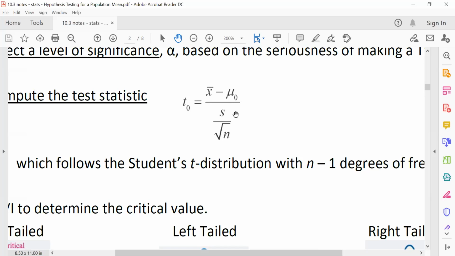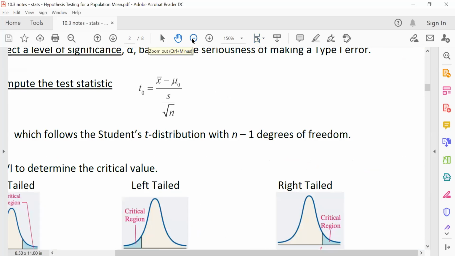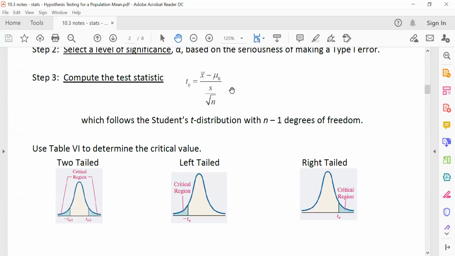On bottom, we have S, the sample standard deviation, divided by the square root of the sample size. We're then going to say that this is a t-distributed variable with n-1 degrees of freedom.